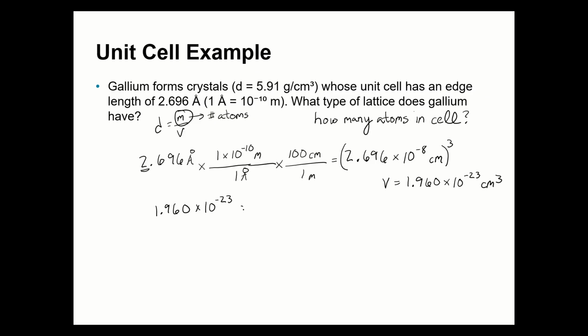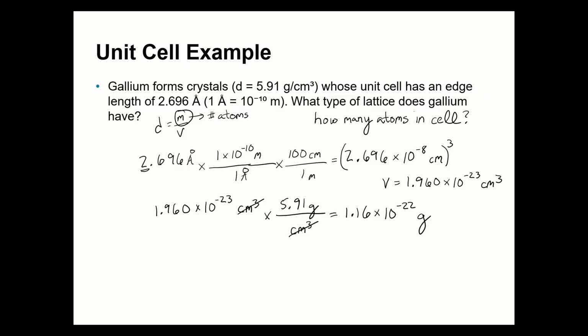So we got this volume in centimeters cubed, and multiply by the density of 5.91 grams per centimeter cubed. Centimeter cubed cancels, we're left with those grams, and that gives us, we'll just kind of round this off a little bit, 1.16 times 10 to the negative 22nd grams.